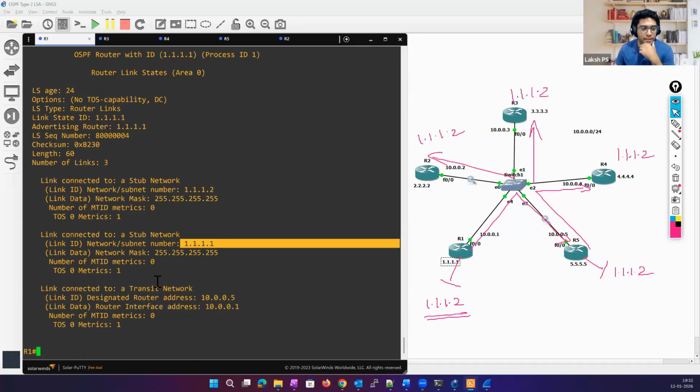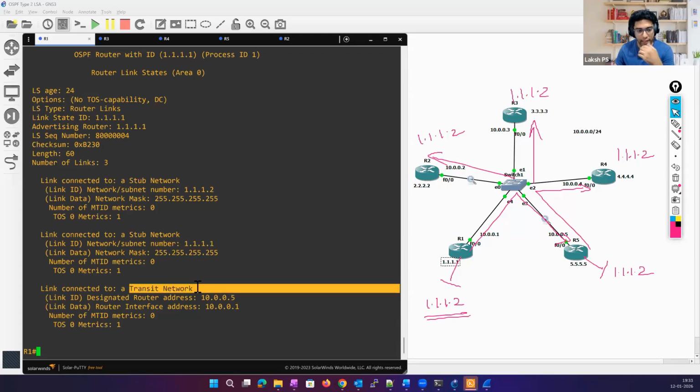That broadcast network is called a transit network, and in that transit network, the router with the IP address of 10.0.0.5 is the designated router. Do not worry. My intention was to show you that R1's database now has two loopback addresses, 1.1.1.1 and 1.1.1.2.